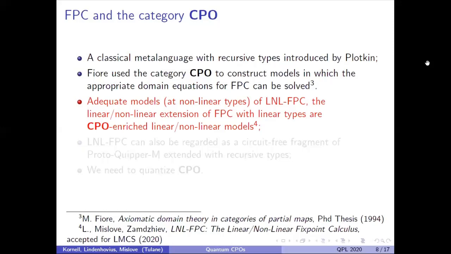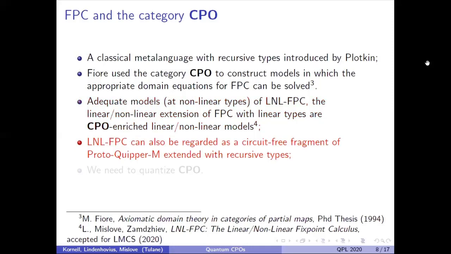But CPO also plays a role in the extension of FPC with linear types. This resulting language is LNL FPC, the linear non-linear fixed point calculus. And typically adequate models for this language are CPO enriched linear non-linear models. So also here CPO plays an important role.